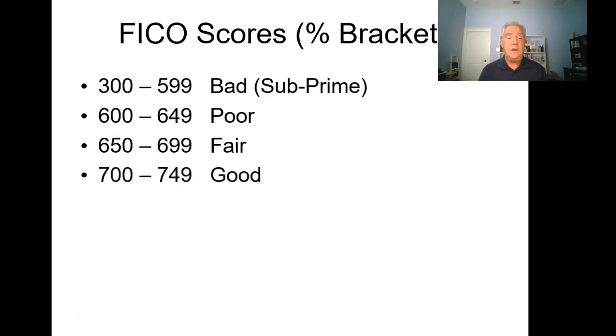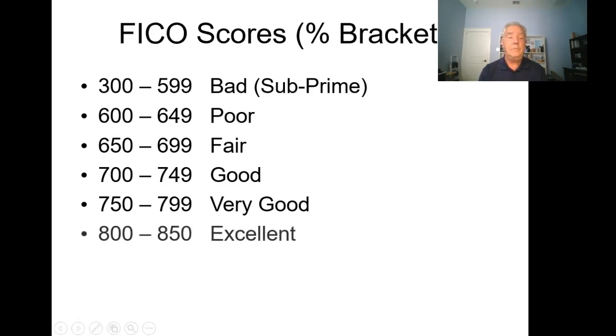When you get out of college and get out of school, target your credit rating to around 740. If you can get to 740, you will be in good shape. Next is very good, 750 to 799, and then 800 to 850, which is excellent.